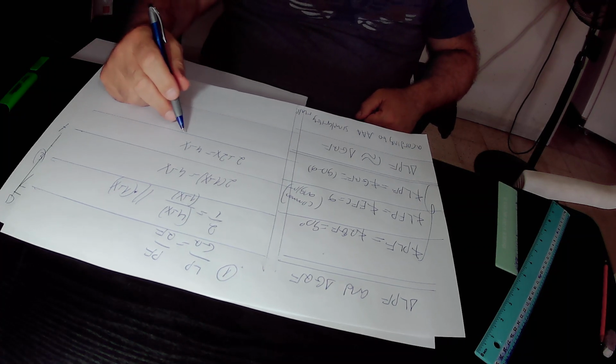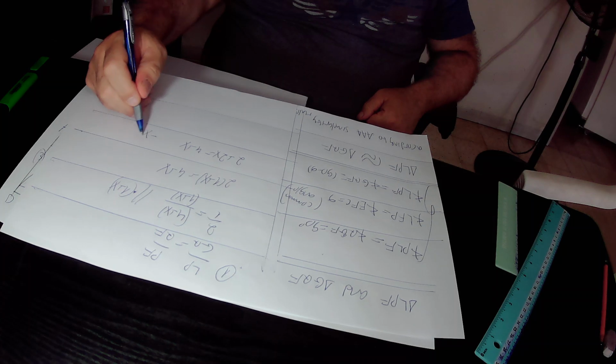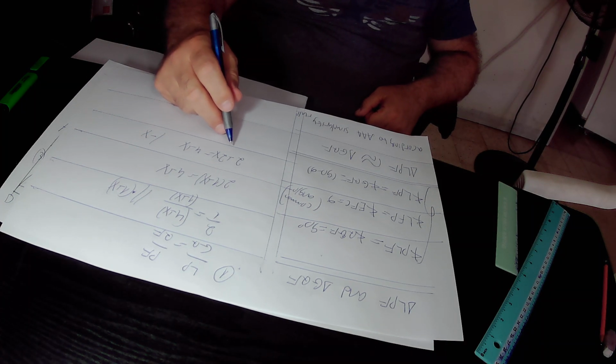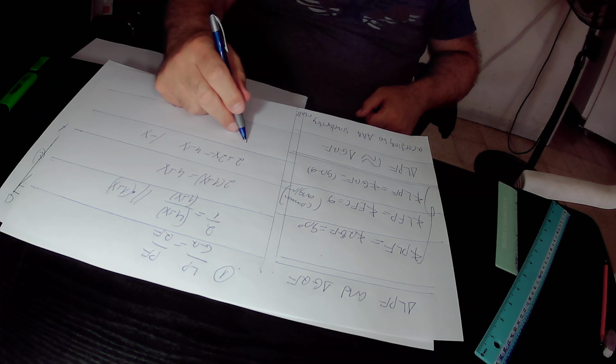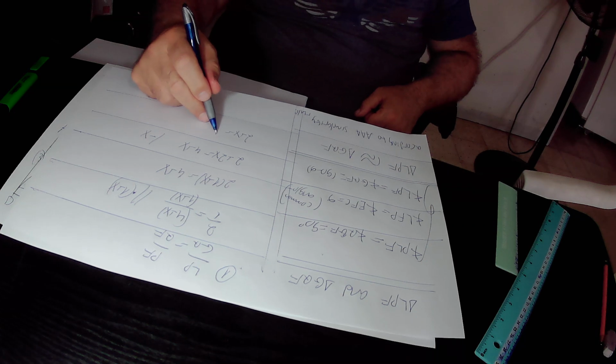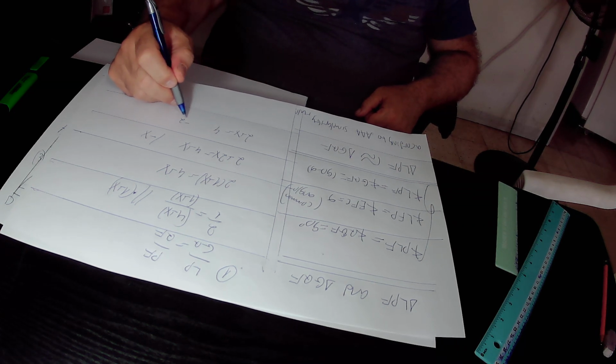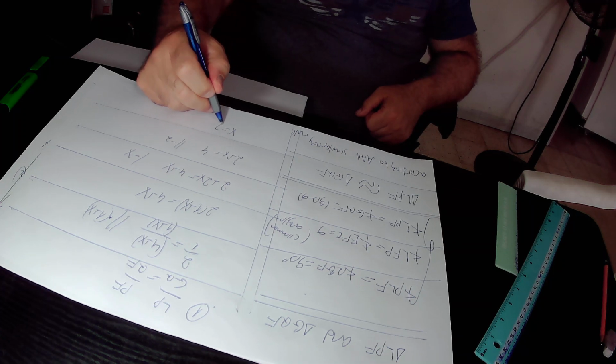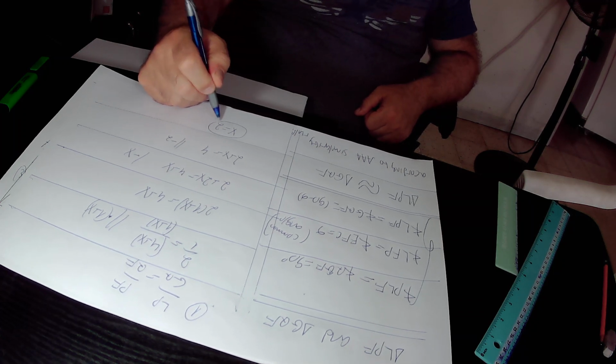Subtracting x, we are left with 2 plus x equals 4. Subtracting 2, we get x equals 4 minus 2, that is 2. So x equals 2 units in length.